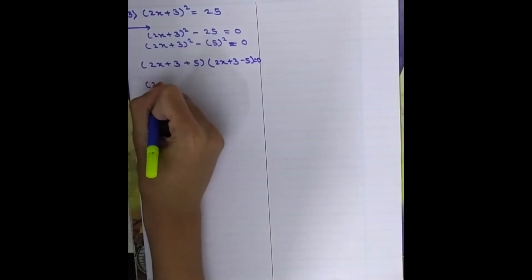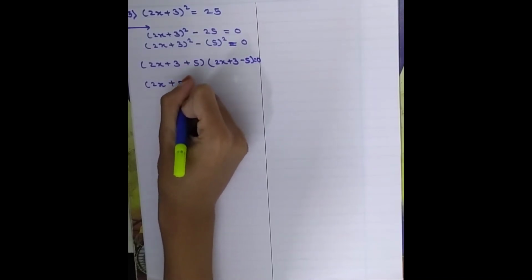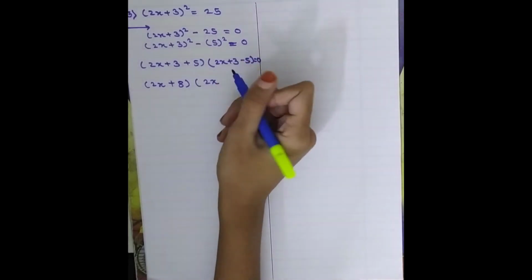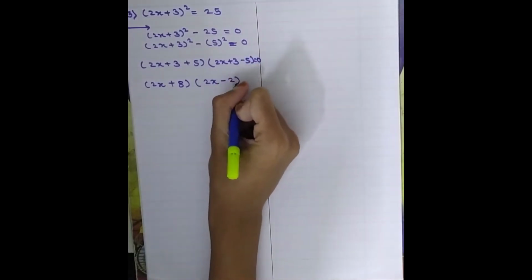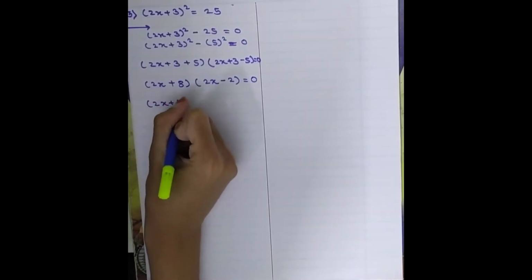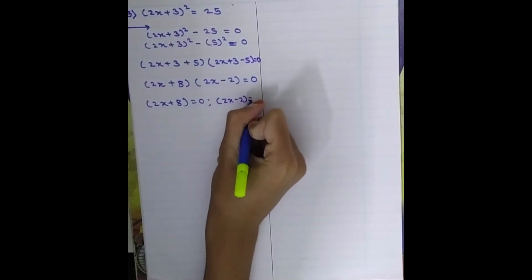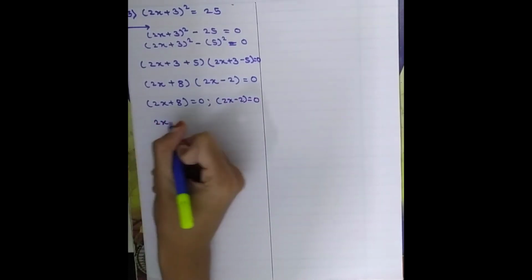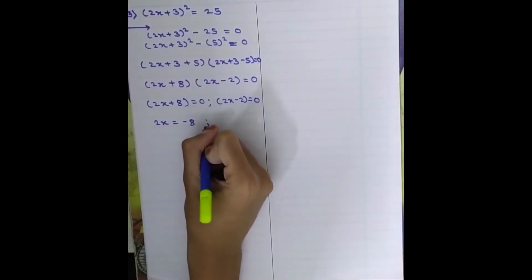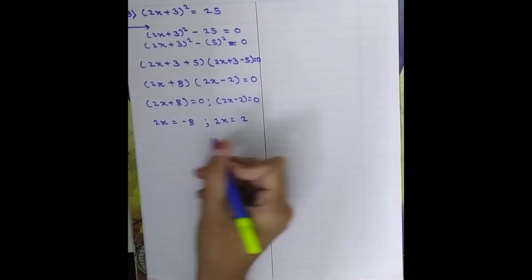So 2x, 5 plus 3 is 8, and 2x, here 3 minus 5 is minus 2, is equal to 0. So in one bracket 2x plus 8 is equal to 0 and 2x minus 2 is equal to 0. So 2x is equal to minus 8, this plus 8 goes on as minus 8, and 2x is equal to 2, minus 2 goes on as plus 2.